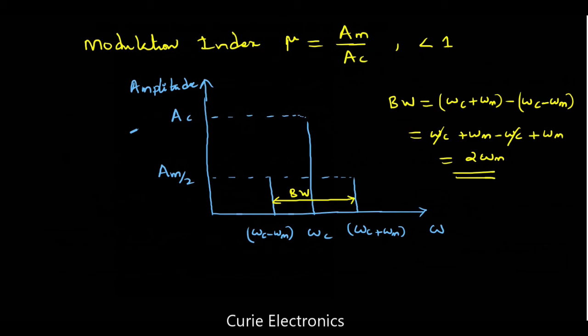The information is carried by the sidebands only, not the carrier, but the carrier is wasting our maximum energy. And what else is there? This takes more bandwidth. Compared to the message signal, it is taking almost 2 times the bandwidth of the message signal. I think this is sufficient.